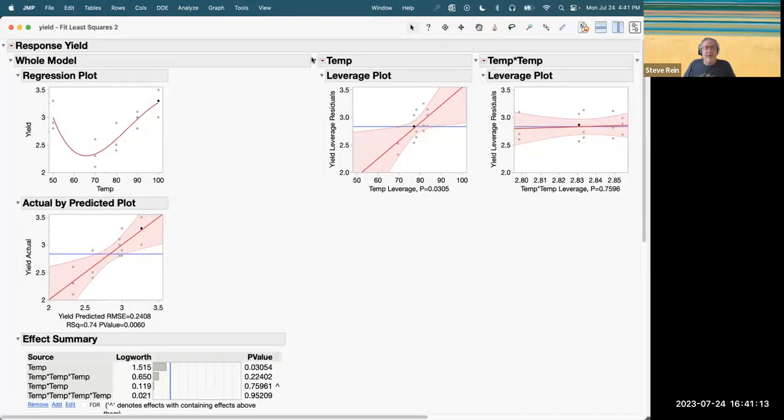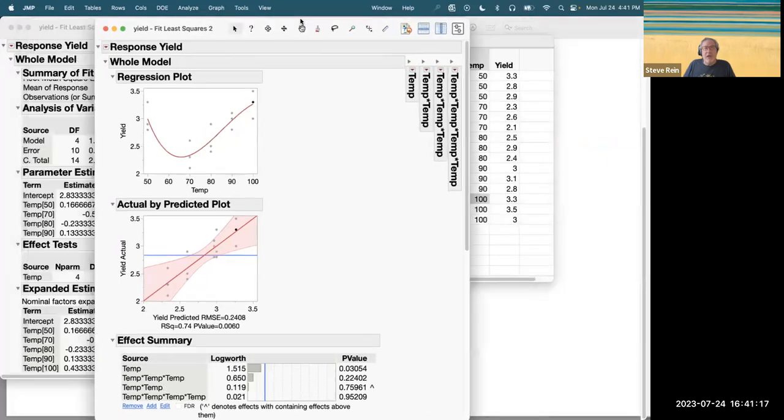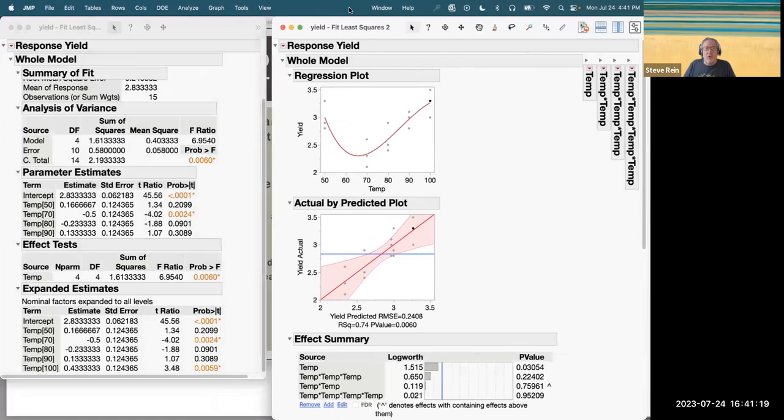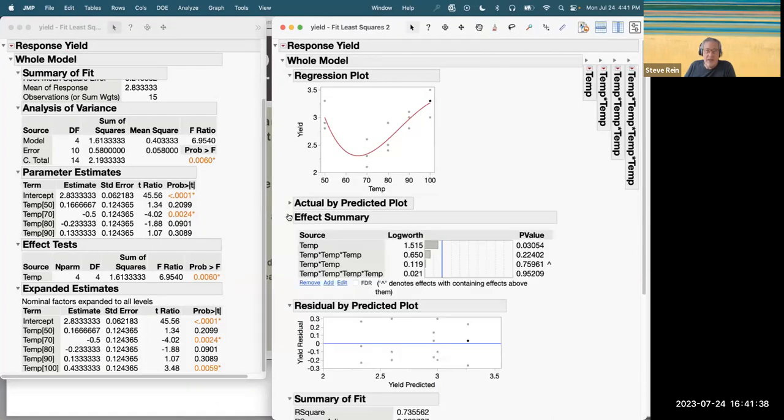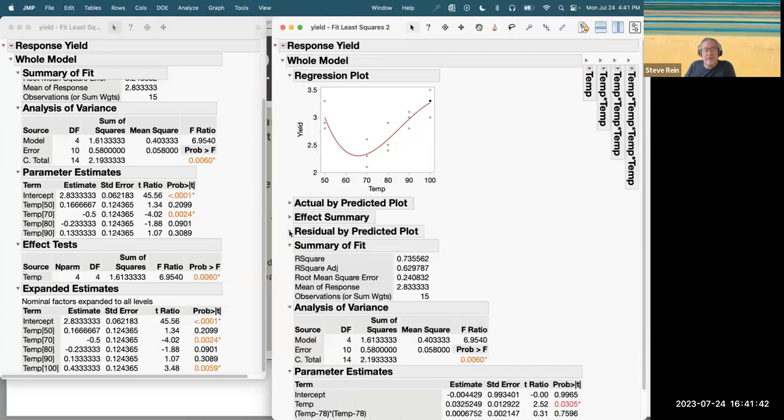Now, the thing that I do like about the fit model with this quantitative version is it draws in that picture. Here's your picture of what we just fit. What we just fit is literally just the average yield when the temperature was 50, the average when it's 70, 80, 90, and 100, but I happen to have a curve drawn in because the model we're fitting is literally a curve.